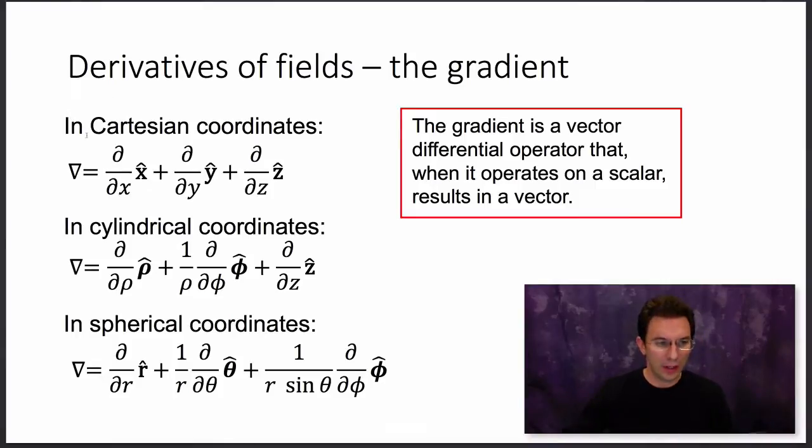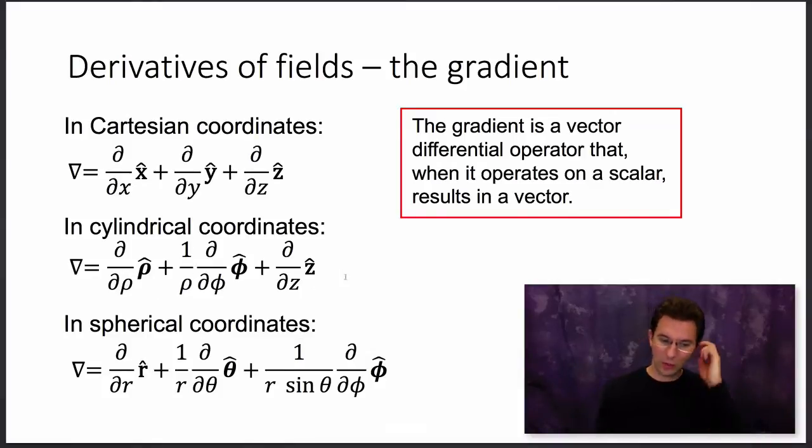So we can write the gradient operator in Cartesian coordinates like this, and it has derivatives in it. That's the differential part, and little unit vectors, x hat, y hat, and z hat. In cylindrical coordinates, the gradient takes this form, and in spherical coordinates, it takes this form.